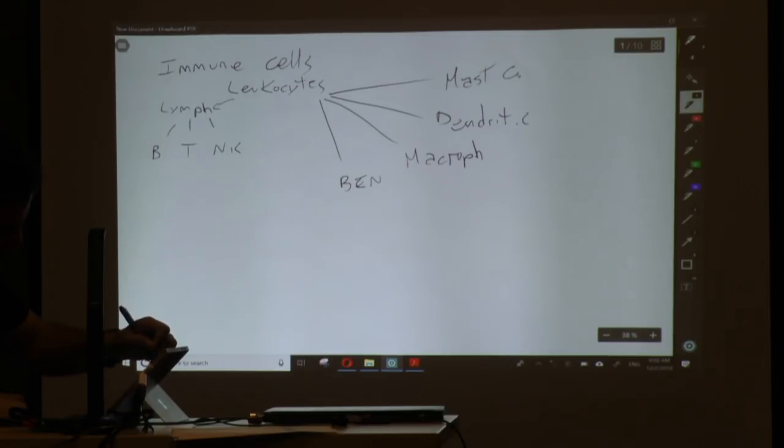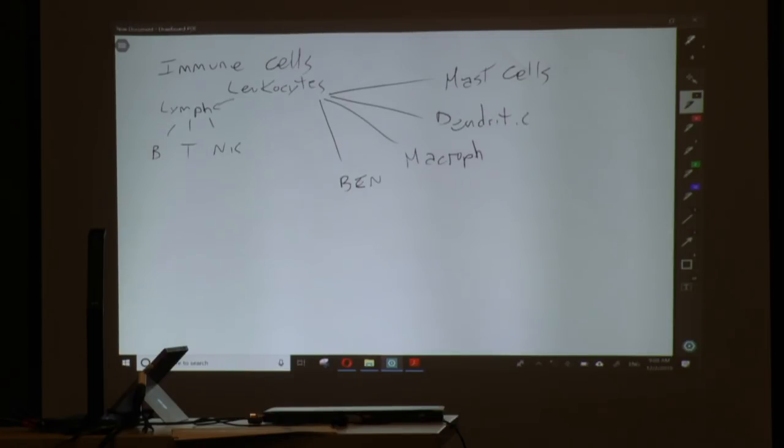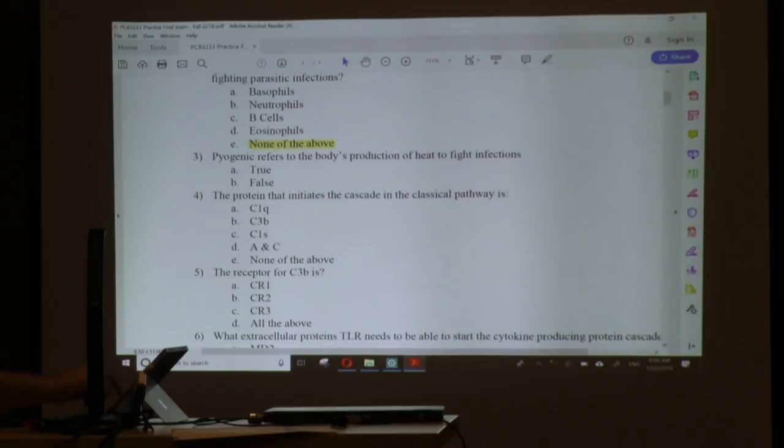Cool. Make sense? You can pull this up from the hematopoietic chart from chapter 1 or 2. Okay? Cool. Any questions so far?